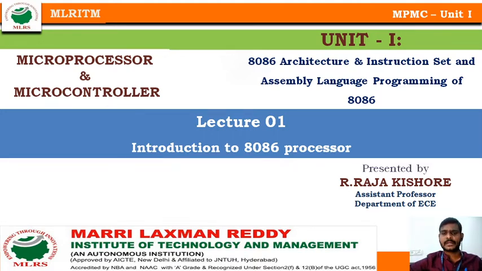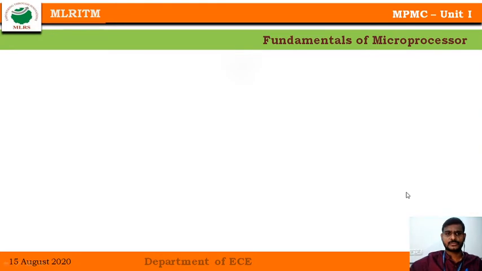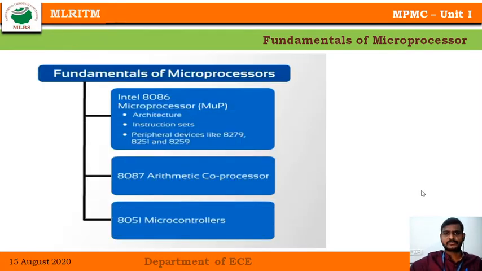I am going to walk you through a fairly detailed program on understanding the 8086 microprocessor. What I'll cover is a little bit of the fundamentals of the microprocessor, in general, very quickly what a processor is, the architecture of the 8086 microprocessor, the instruction set, and peripheral devices like 8279, 8251 and 8255 and so on.